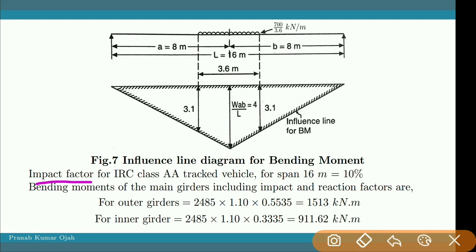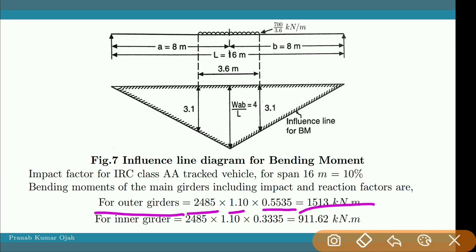Then the impact factor for an IRC class A tracked vehicle for a span of 16 meter is 10%. Now if we apply the impact factor as well as the reaction factor, which is already calculated, the bending moment for the outer girder comes out as 1513 kilonewton meter, where the maximum bending moment is multiplied by the impact factor as well as the reaction factor.